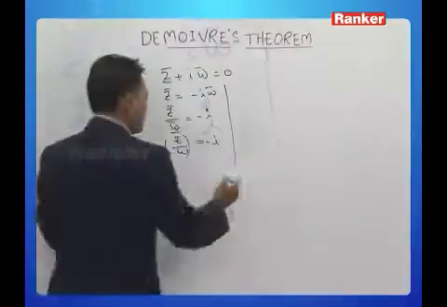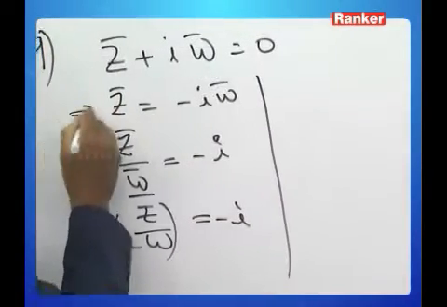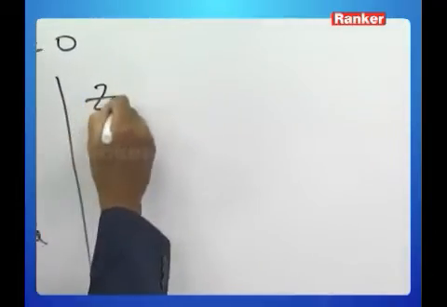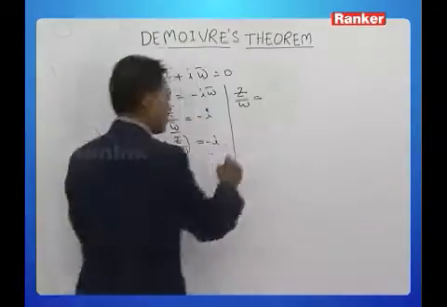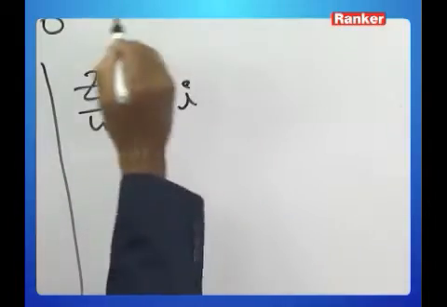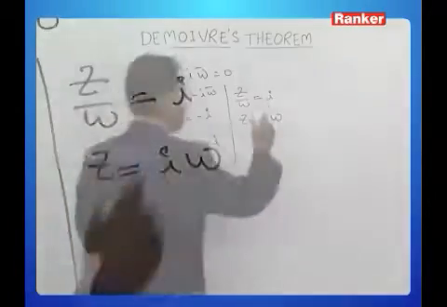If you remove the bar, that is, writing the conjugate for this, I am writing the conjugate now, that is removing the bar. So, z by omega, what is the conjugate of minus i? Yes, plus i. Now, z is equal to i omega.